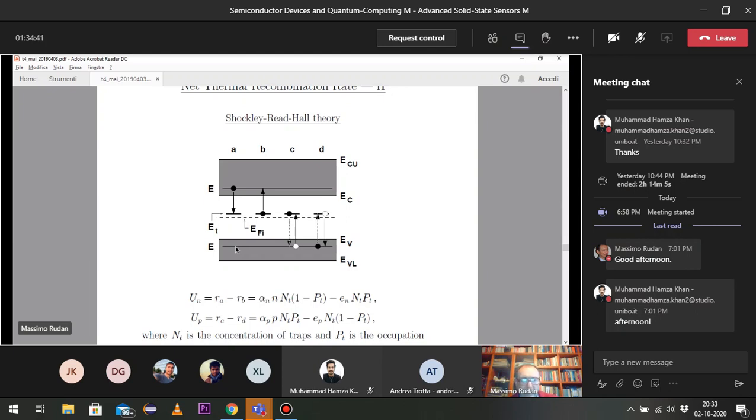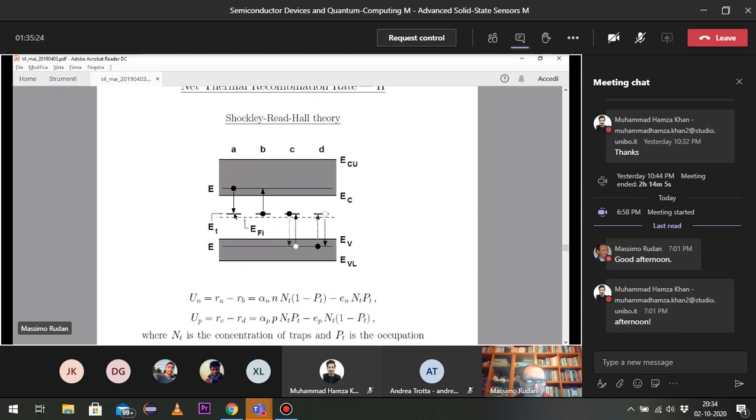Okay. There is another phenomenon that is also possible, and this phenomenon is that if there is a trap, let's consider the phenomenon indicated with letter A. Okay. If there is an electron initially in the conduction band, this electron may release to the lattice, to the nuclei, enough energy to jump into the trap. The trap has an energy that is called ET, trap energy. Okay.